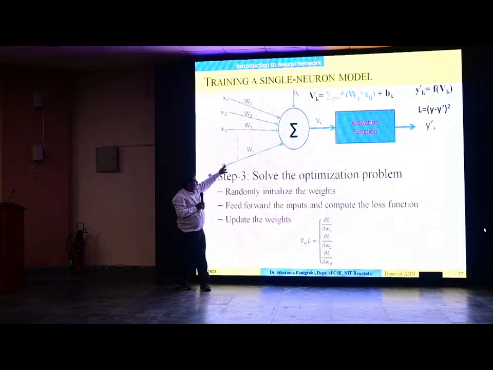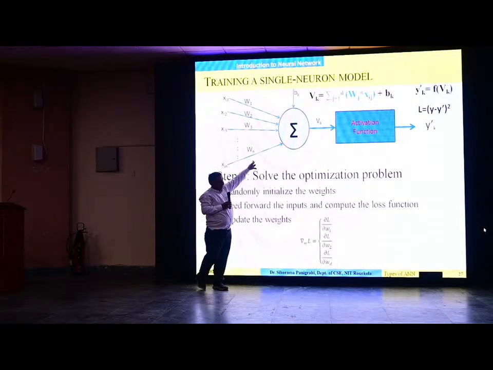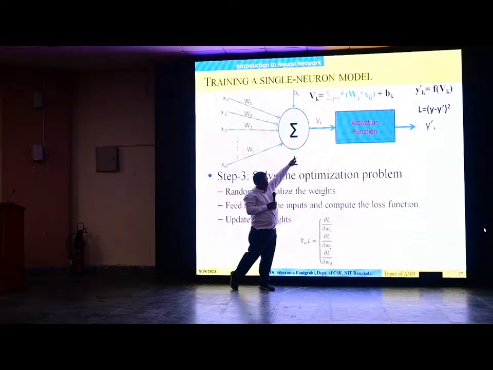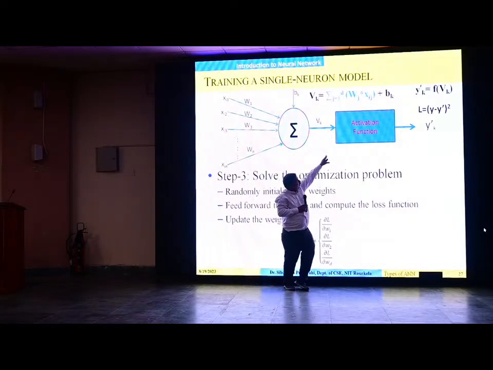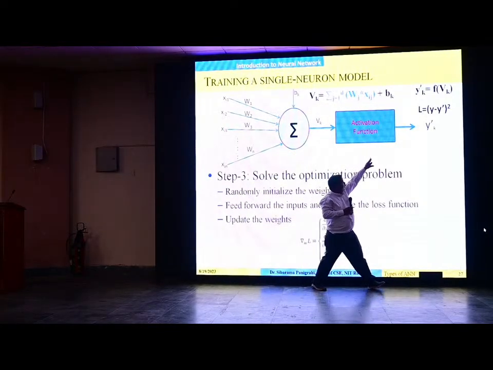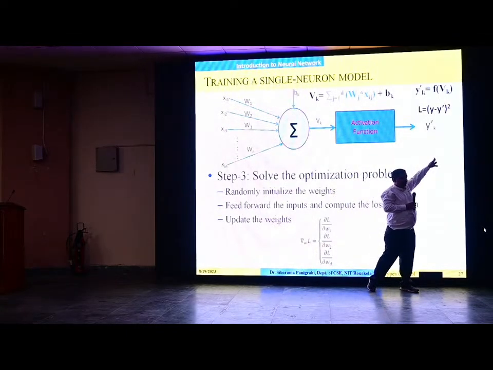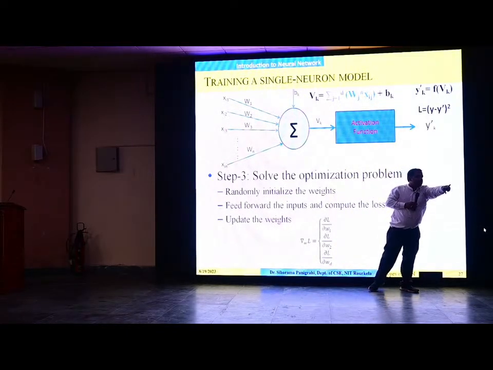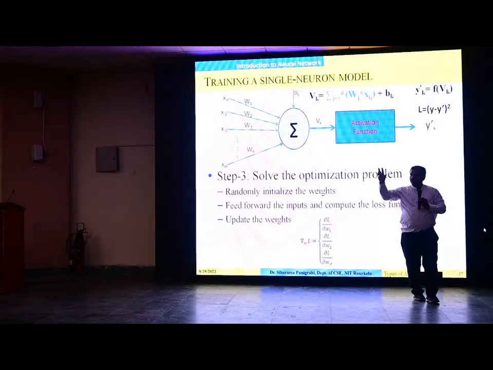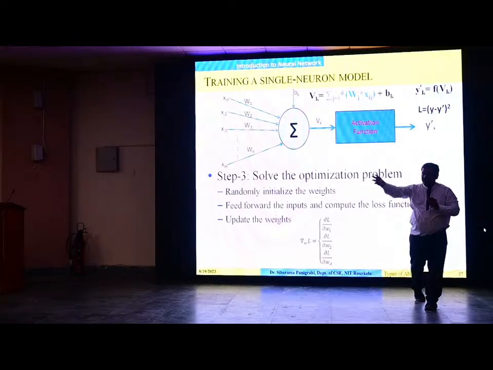So this input multiplied with the weight, then we get the weighted summation of inputs. We add the bias. Then we pass it through an activation function. Then we can compute the y dash output. Then we can get the loss y minus y dash. Y means actual weight, and y dash means computed weight.